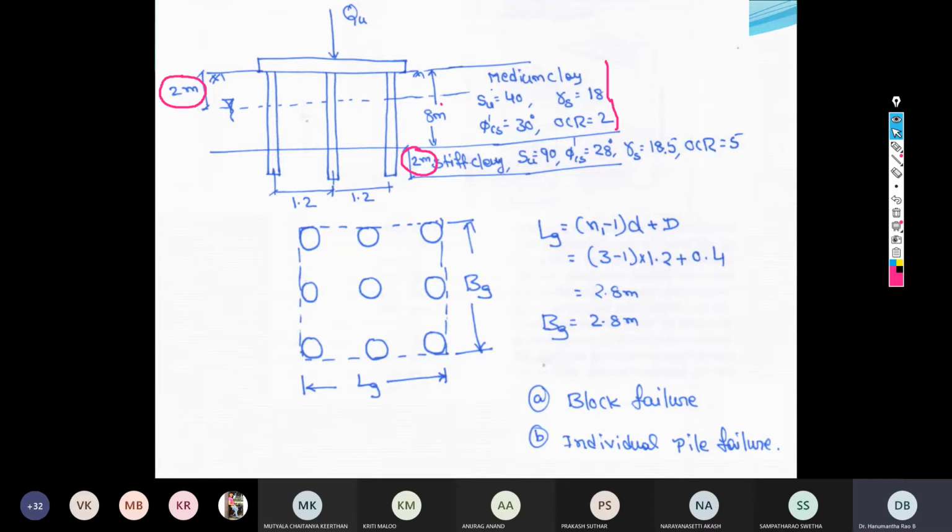So you need to calculate the pile group capacity considering the pile group as a block failure mode, and alternatively, determine the pile capacity of the individual pile and multiply with the number of piles.